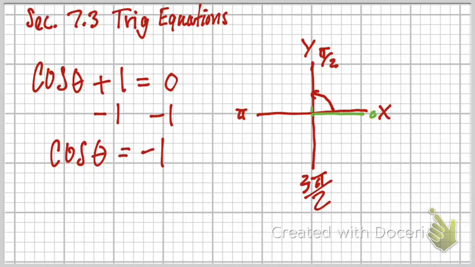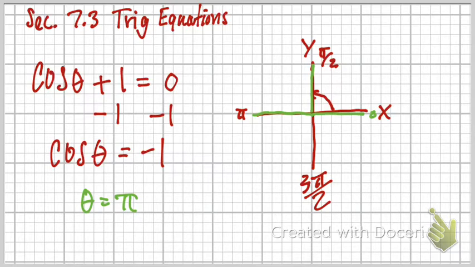Then if I'm up here, the cosine of pi halves is 0. And then if I come around here, the cosine of pi is -1. So our answer here is going to be theta equals pi, because cosine of pi equals -1. So that would be our answer.